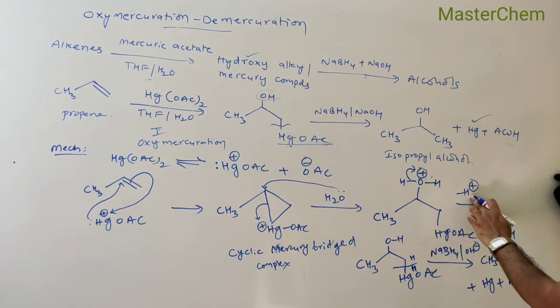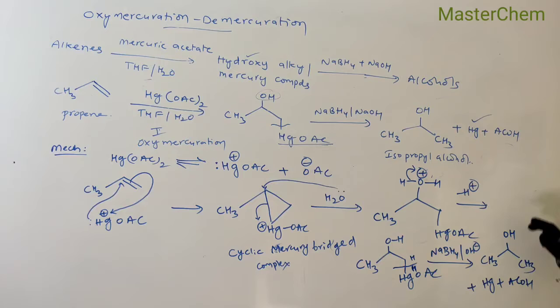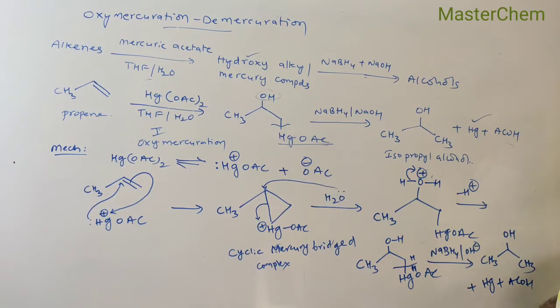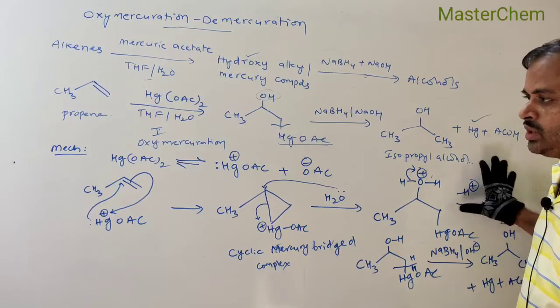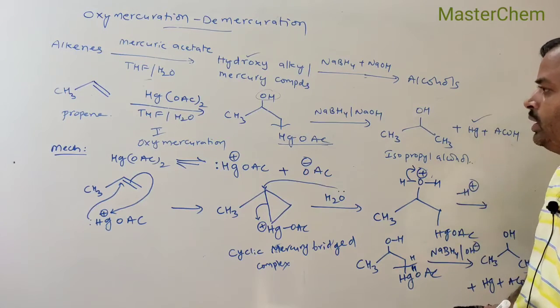So this is a reduction step. So there is an oxymercuration step and a reduction step. This is the process to write the product of the oxymercuration and demercuration steps.